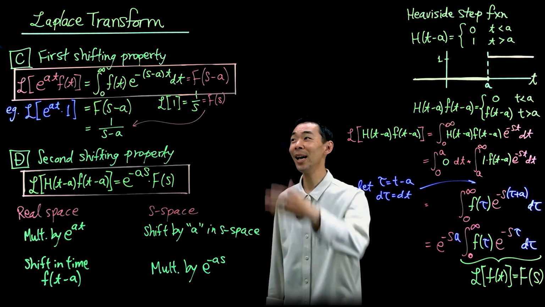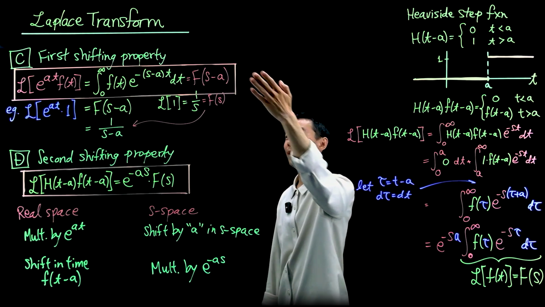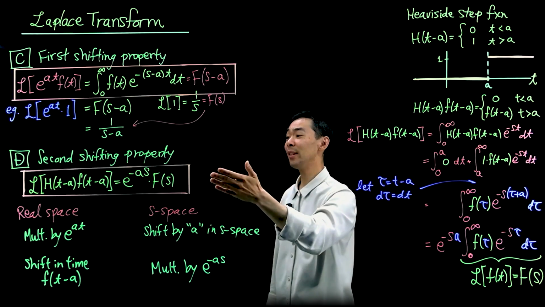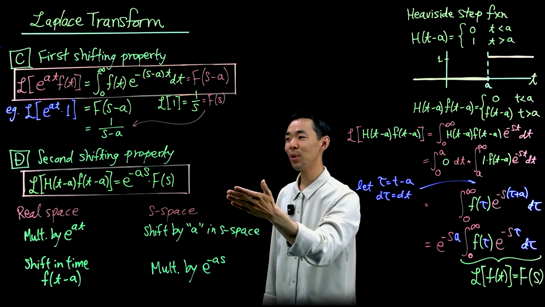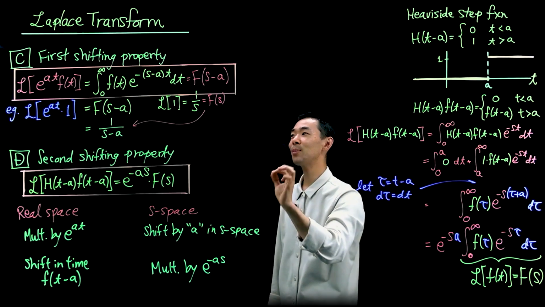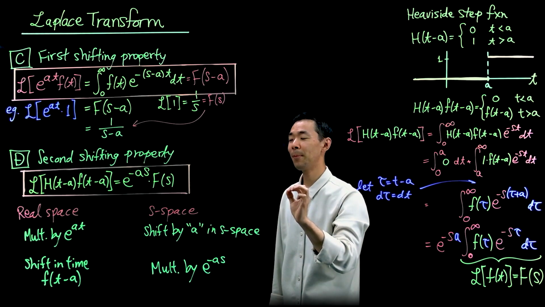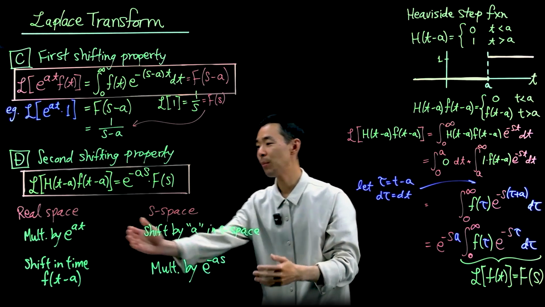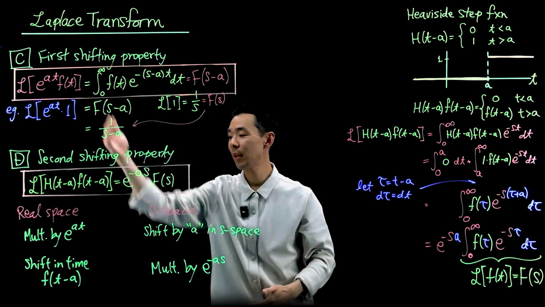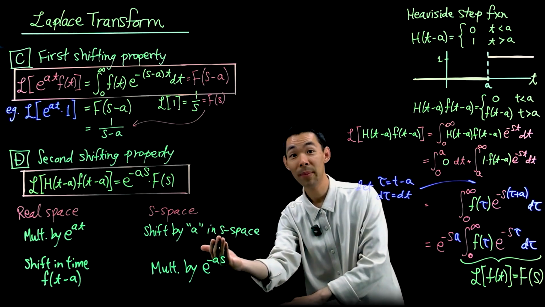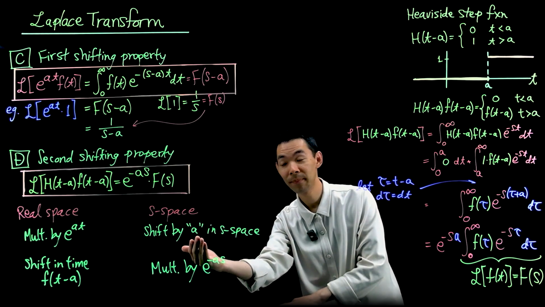All right, so we now have the first shifting property boxed in pink. That's the one you need to remember. And then the second shifting property also boxed in pink. Those are the two expressions you need to remember. Now, in real space, what we found is that when you multiply by e to the at, boom, you shift in the Laplace domain by a factor a.